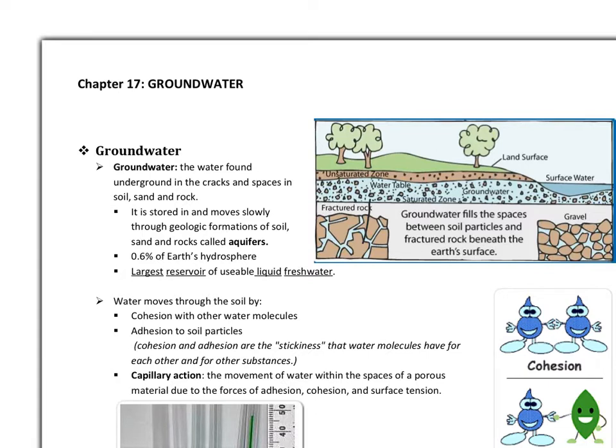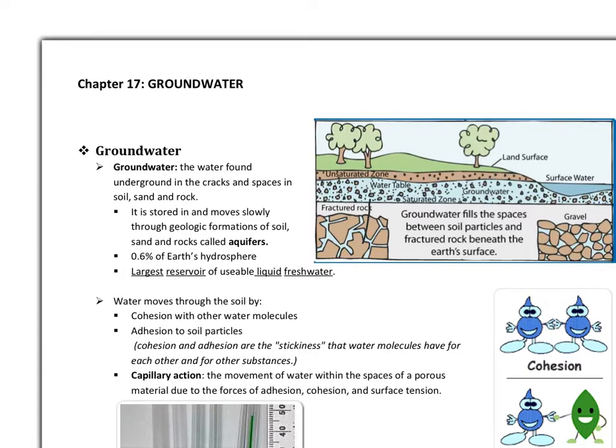All right, so today we're going to be talking about groundwater. And as the name would imply, it would be water found underground in cracks and spaces in soil, sand, and rock. So yesterday we were doing a lab where you guys saw that soil is made up of sand, silt, clay. But then we also know from our previous discussion of soils that you have that mixture of air and water and then organic material.